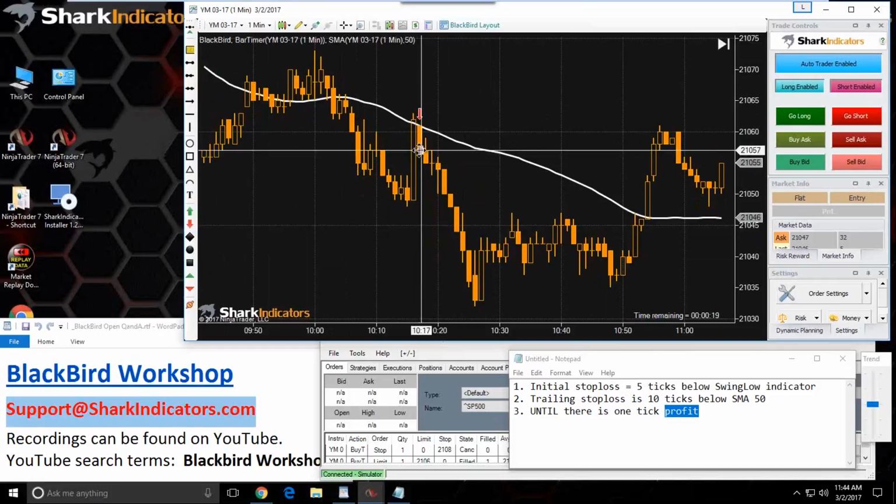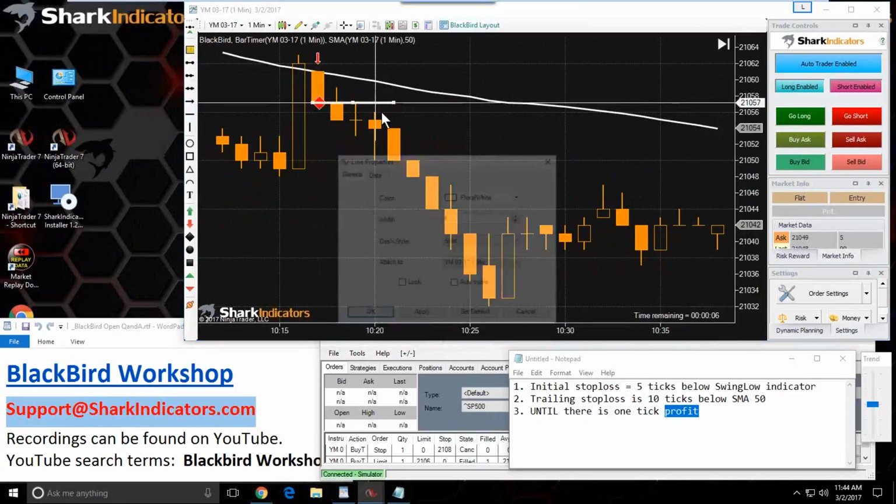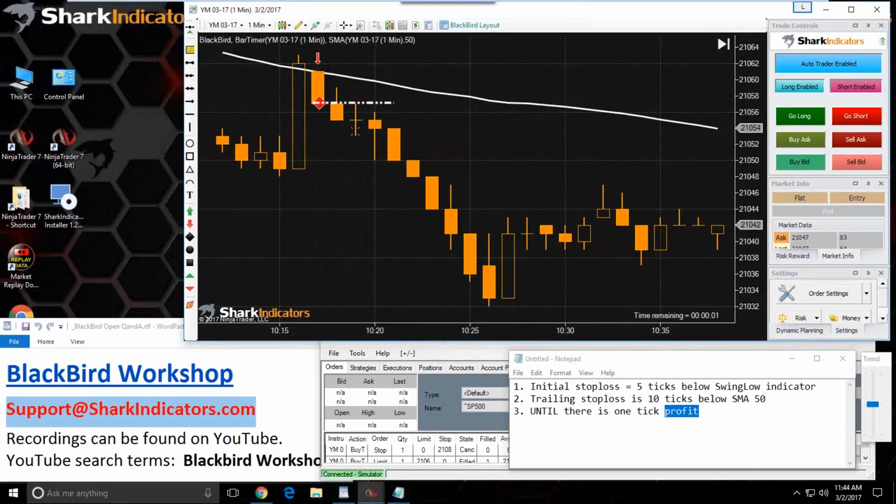Let's stretch this out here so we can see things. That's our entry price right there, and we can see that pretty much instantly the market's going down. So instantly we're in 1 tick.